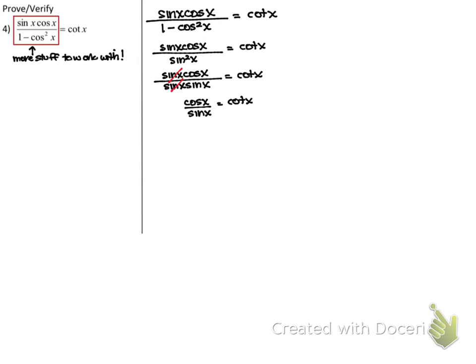Well, yes, of course that's true. But don't stop there, because it doesn't look like a mirror. You need the left-hand side and the right-hand side to look exactly the same. So cosine x over sine x is the exact same thing as cotangent x. And then I carried down the right-hand side. Notice the left-hand side and the right-hand side look exactly the same. I'm done. My proof is finished.